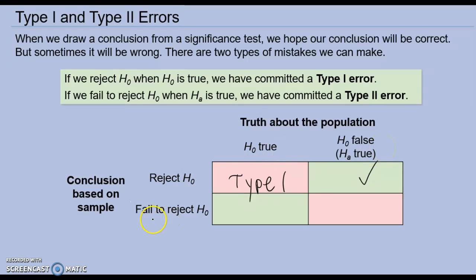If you look then at failed to reject, if you fail to reject the null when the null is true, so that means you are thinking in terms of accepting it, but really you're failing to reject it and it's true, that is an okay conclusion. Okay. Lastly, if you fail to reject the null, so basically you're thinking you accept it and your null ends up being false, this would be your type 2 error.